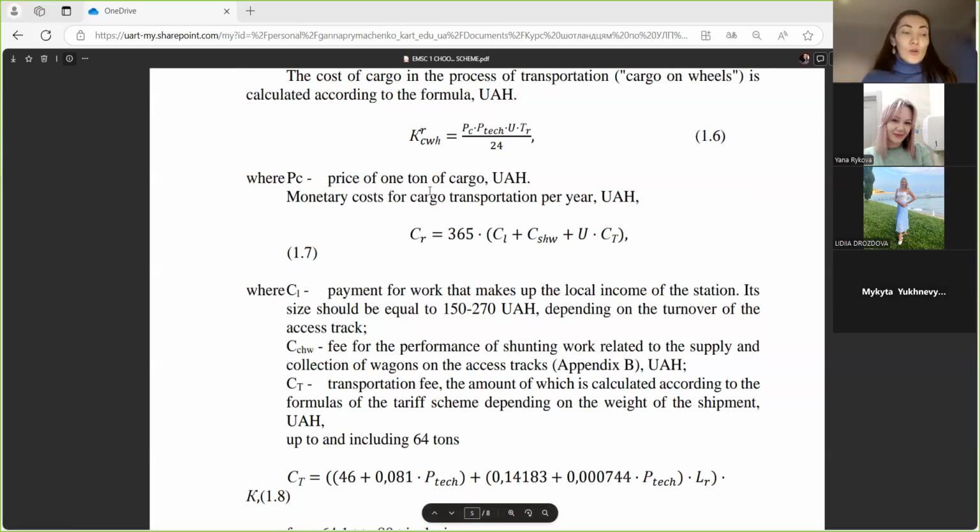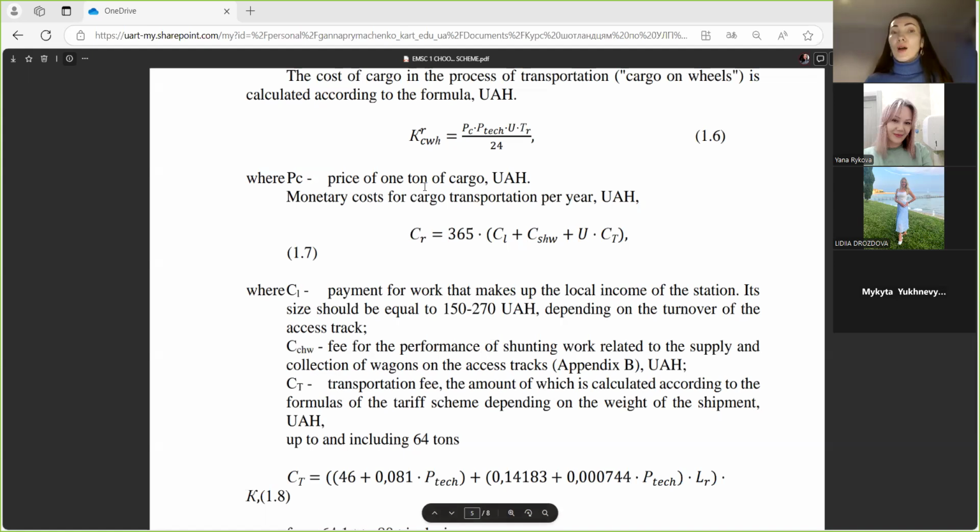And in our numerator, we use such parameters as big P with index C. It is the price of 1 ton of cargo. Now we come back to our table 1.1 and find this information for your variant.